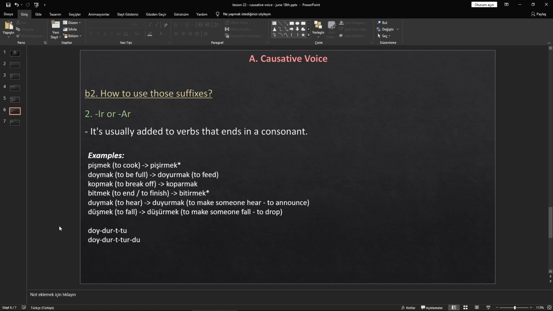Do they have to be the same number of objects? I think so, because you are causing someone or something, so you need an object. Yes, exactly, X made Y make Z, the same chain.